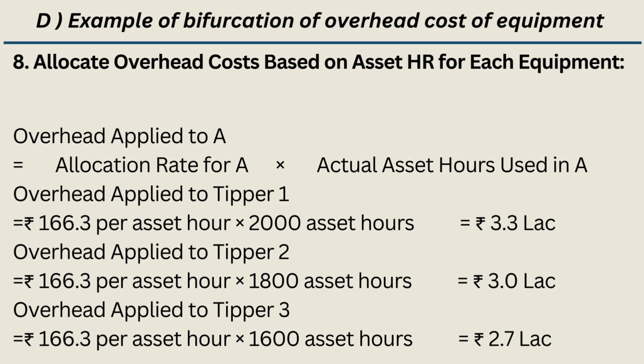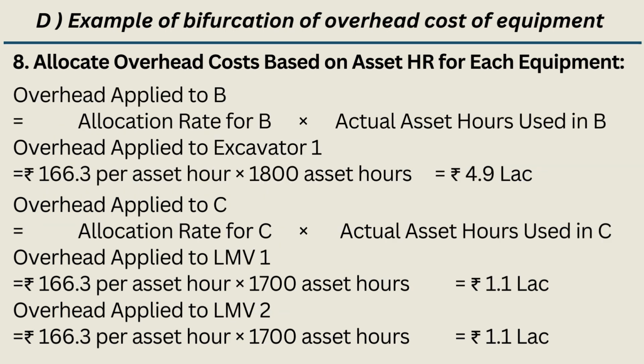Overhead applied to tipper 2 equals 166.3 Indian rupees per asset hour multiplied by 1,800 asset hours equals 3 Indian rupees lakh. Overhead applied to tipper 3 equals 166.3 Indian rupees per asset hour multiplied by 1,600 asset hours equals 2.7 Indian rupees lakh.